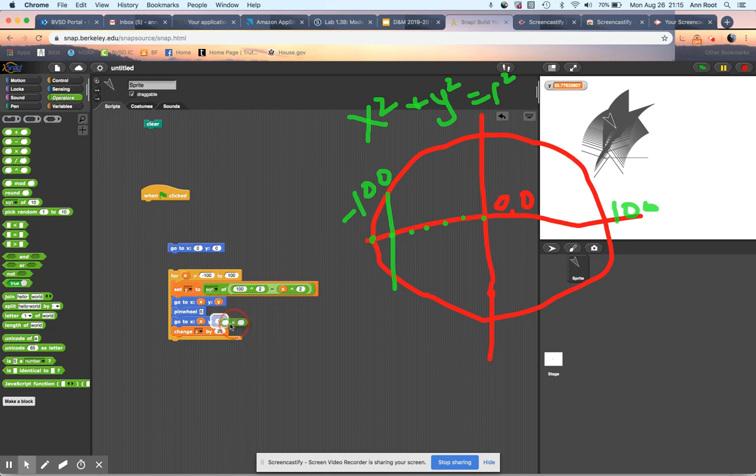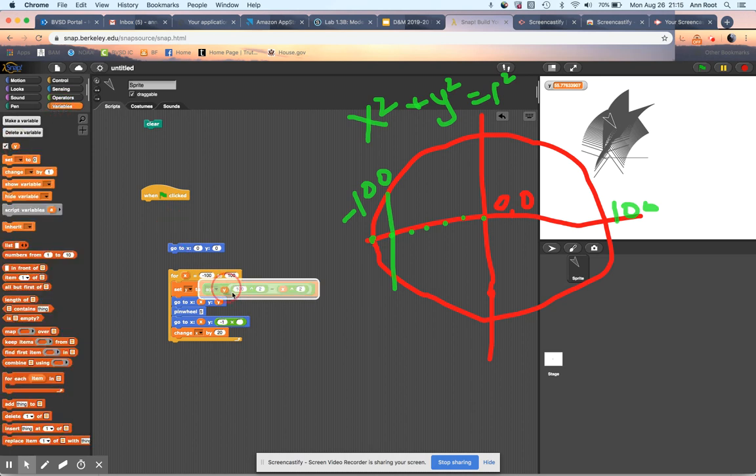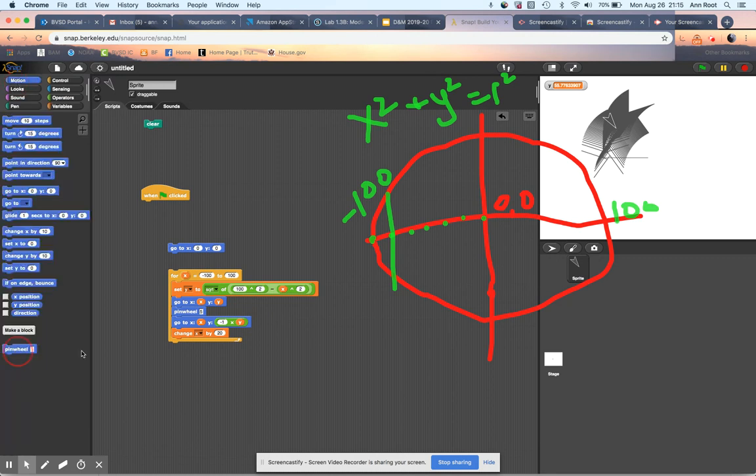It's going to be -1 times, I'm going to grab that Y. So I'm going to go there, and then I'm going to draw a pinwheel of 5 as well.